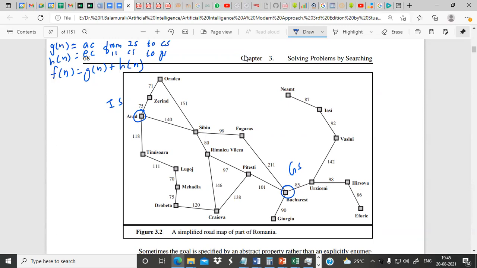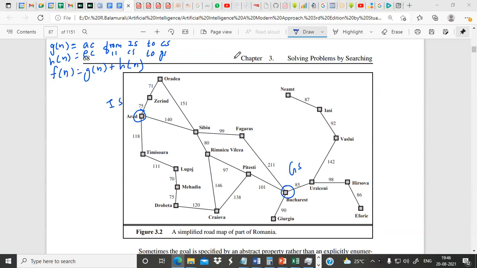Actual cost, we know because we are traversing the graph and we get the actual cost. But how do we get the estimated cost? For the estimated cost, we have to make some estimation or calculation.